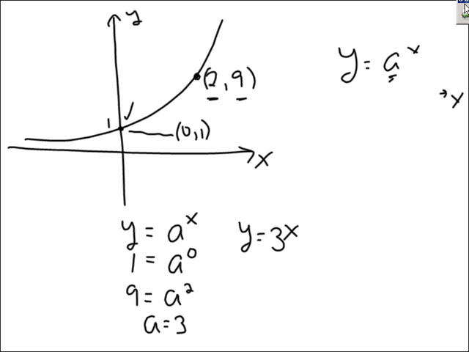Well, for those of you who care, the reason is you can take, say, 3, a positive number, and raise it to the square root of 5. And that's going to be a positive number. But what if you had negative 3 and you raised it to the square root of 5 power?